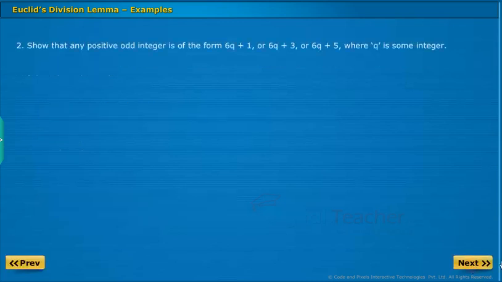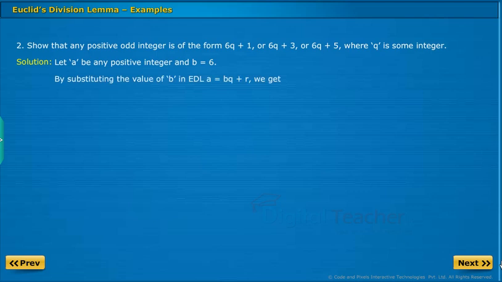2. Show that any positive odd integer is of the form 6q plus 1, or 6q plus 3, or 6q plus 5, where q is some integer. Solution. Let a be any positive integer and b equal to 6.